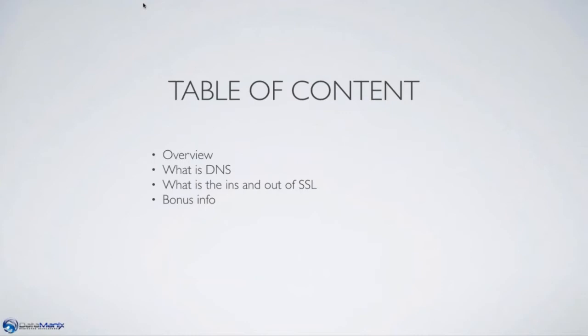So if you know all about DNS, you can just skip that, but that's actually an integrated part of understanding SSL. And then we are going through the ins and outs of SSL, how it works, and what the new things in FileMaker Server 15 are that give us new abilities. And then at the end, there's just some small bonus info.